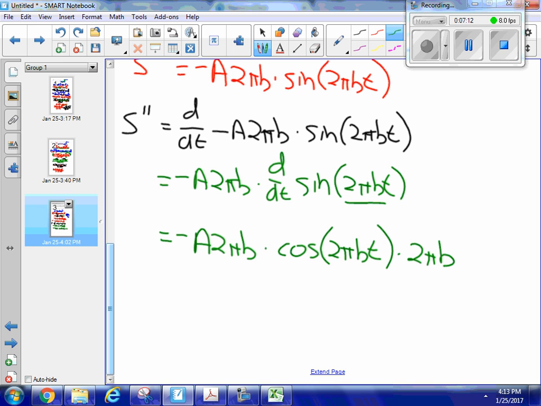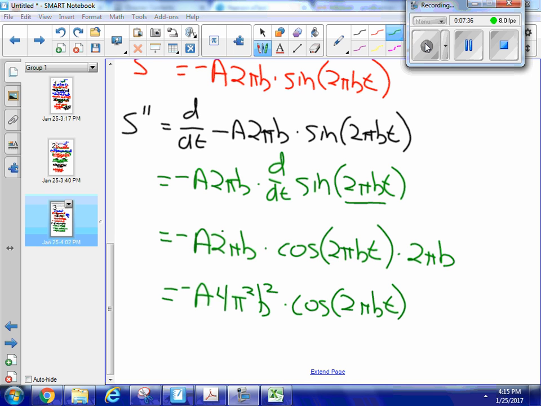So simplifying this, it's equal to negative a, then 2 times 2 is 4, pi squared b squared cosine 2 pi b t.